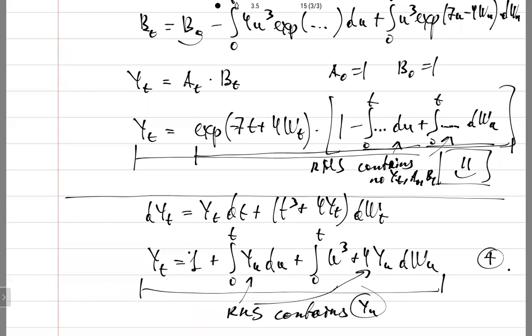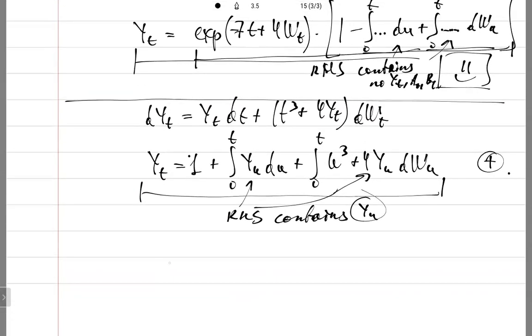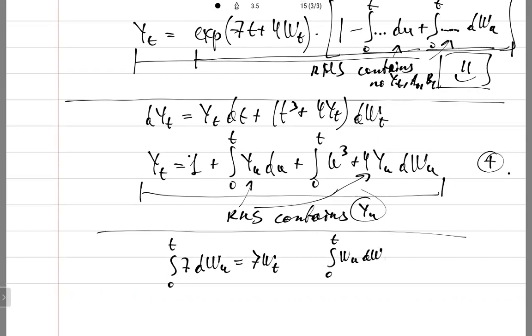So we know basically the integral of 7 dWu gives you 7Wt. The integral from 0 to t of Wu dWu is (Wt squared minus t) over 2, and basically that's all.